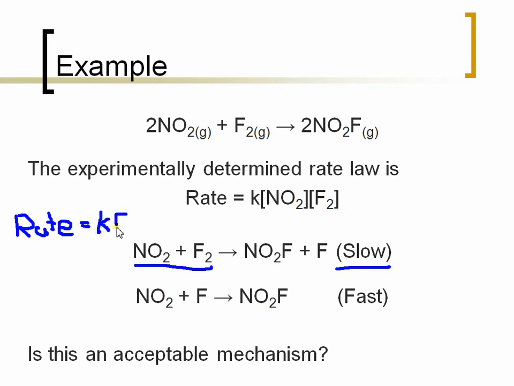I have NO2, there's only one of them, so it's [NO2] to the power 1. And I have F2, and that's to the power 1 because there's only one F2. That is my rate law written from this slow step. Is it the same as this? It is. That satisfies criterion 2. Since both criteria have been satisfied, this mechanism is acceptable. It is a possible mechanism for this reaction of these reactants and products.